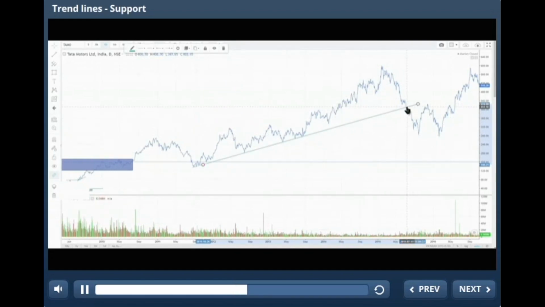We see a very long trend line starting from about September 2011 to June 2015. We also see a break of the March 14 to June 15 trend line.